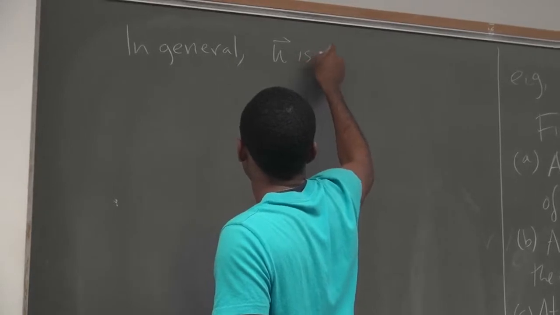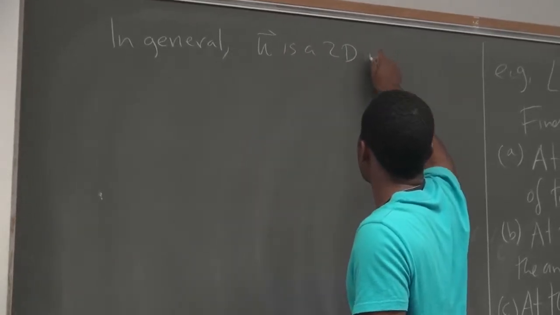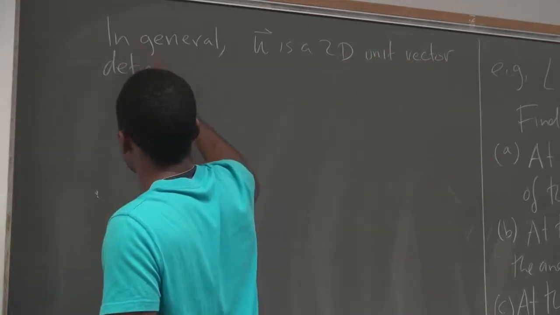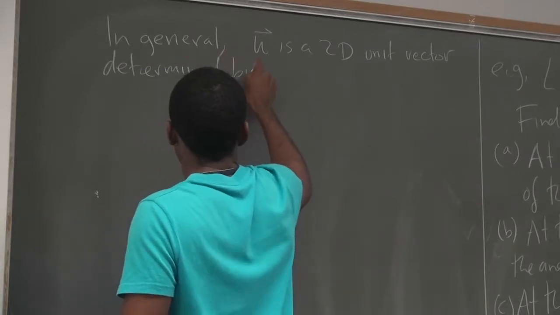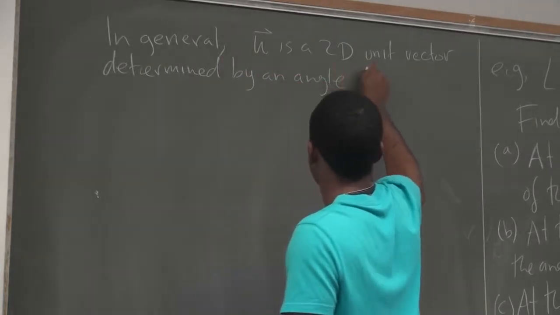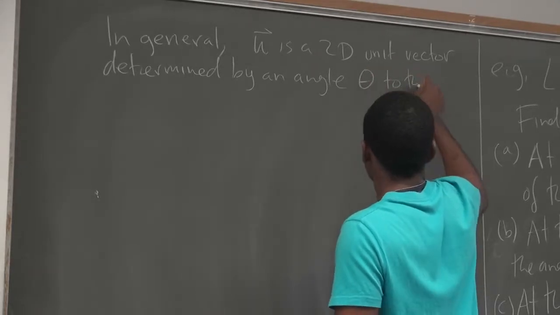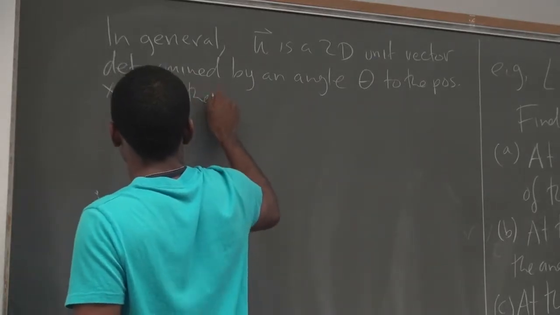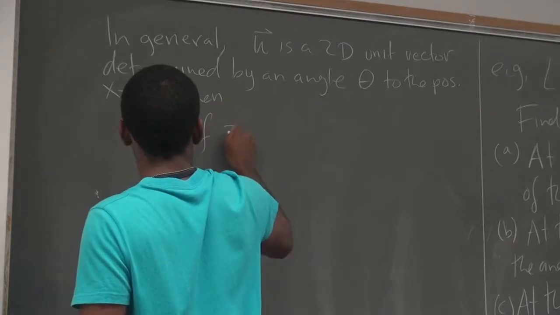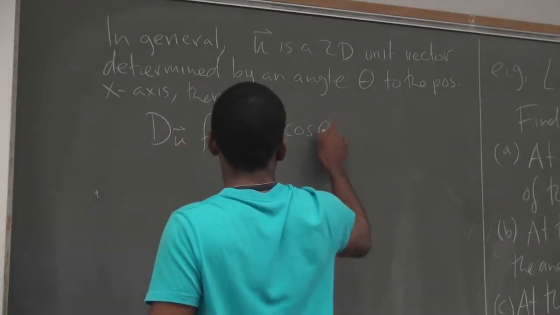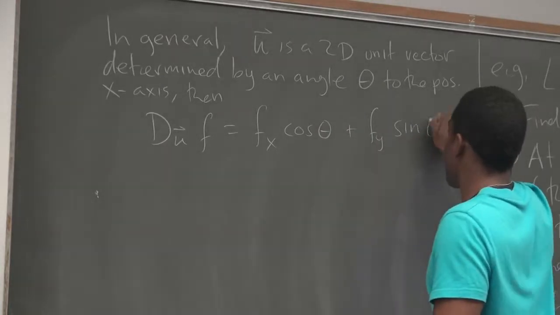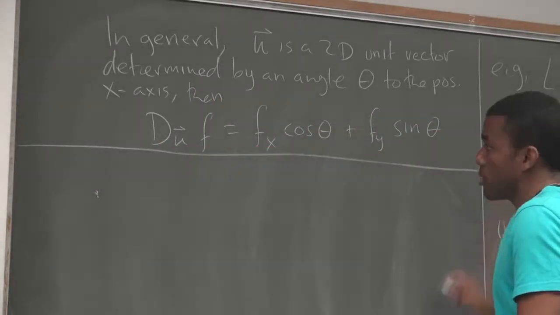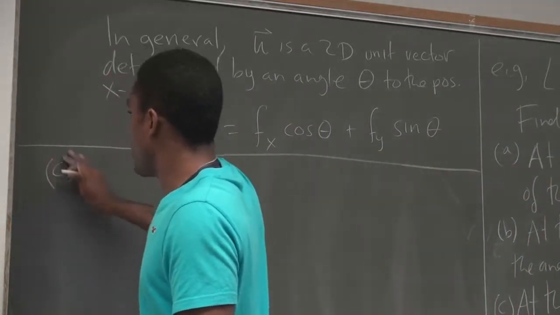If u is a 2D unit vector determined by an angle theta, then the directional derivative is fx times cosine theta plus fy times sine theta. You can say that in general because it's on the unit circle. But you didn't really have to memorize that, but if you'd like, that's fine.